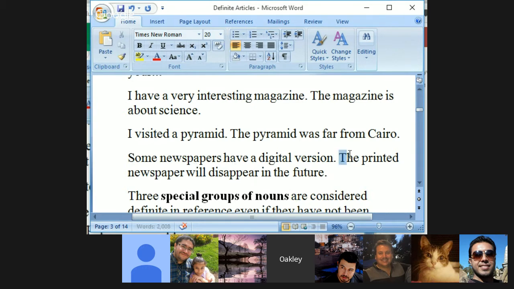Now, okay. This is very interesting. Okay, so we have newspapers in general in the first sentence, and then the printed newspaper, which you're talking about as basically a concept. Will disappear in the future. There, okay, way down the list. All right. Do you know why you did that?